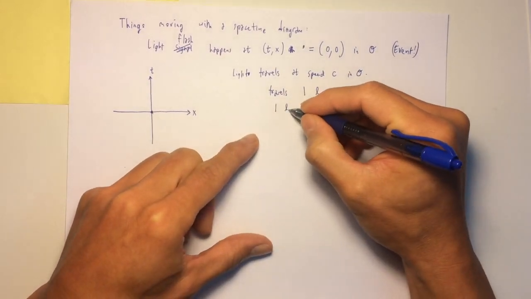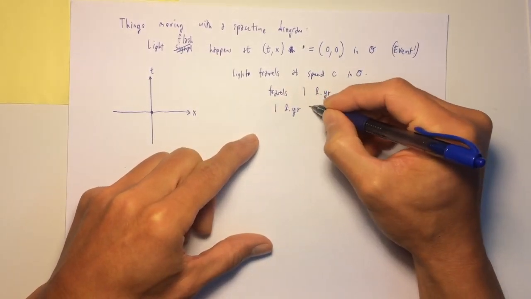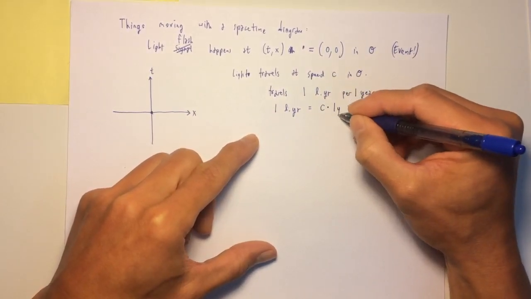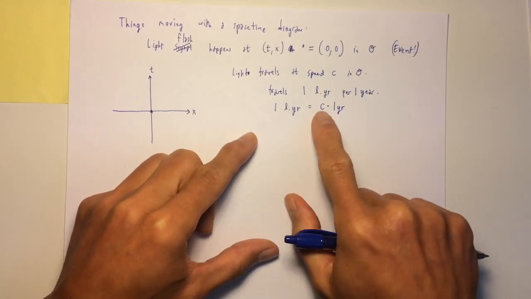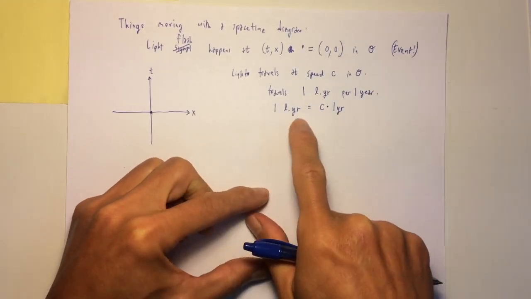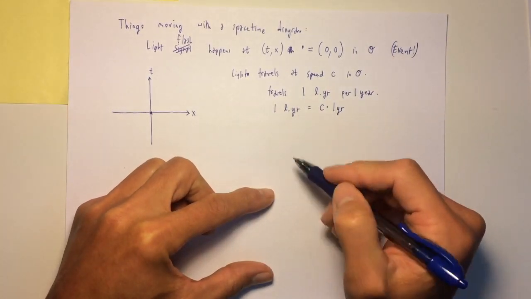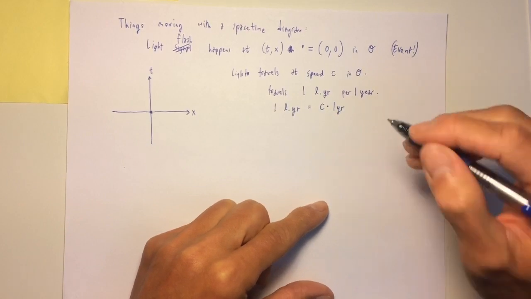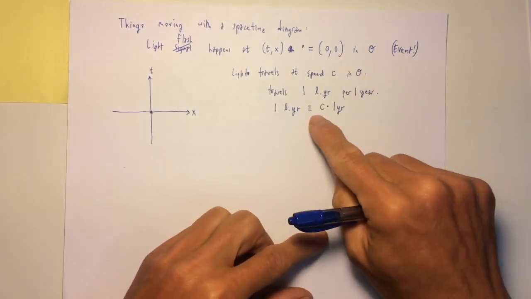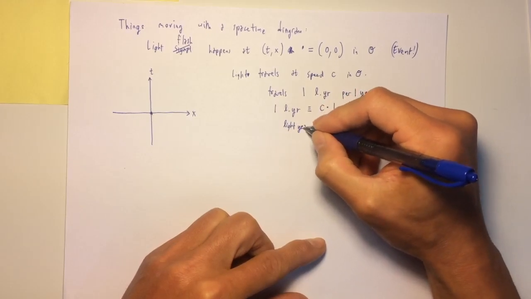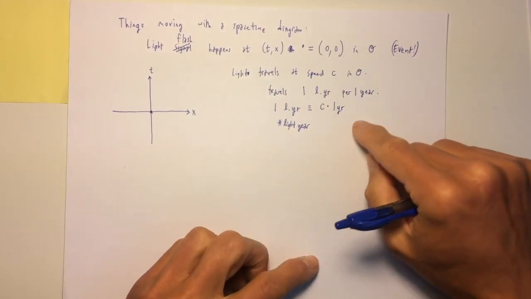So 1 light year is equal to c times 1 year. c is a speed, a distance per time, and if I multiply by time, I get a distance. So the light year is a distance unit, and you could say this is the definition of the light year. So this is a nice thing.